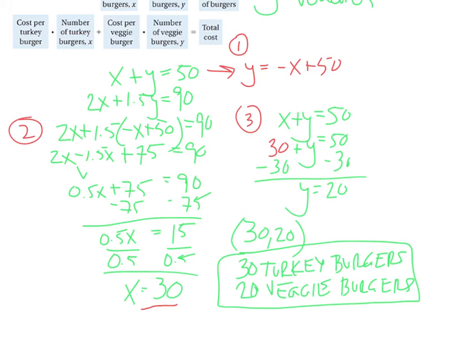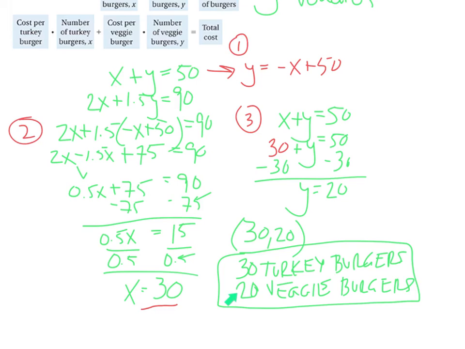Now again, I didn't write the check out here, but basically we know that one of the equations was 50 burgers in total, 30 of one, 20 of another one. They should add up to 50, so 30 and 20 adds up to 50. Then the cost of $90. We have 30 turkey burgers at a cost of $2 each. 2 times 30 is 60.